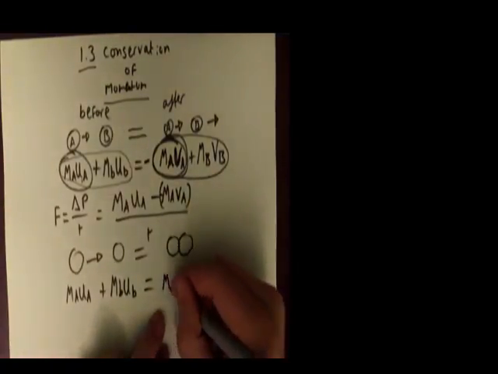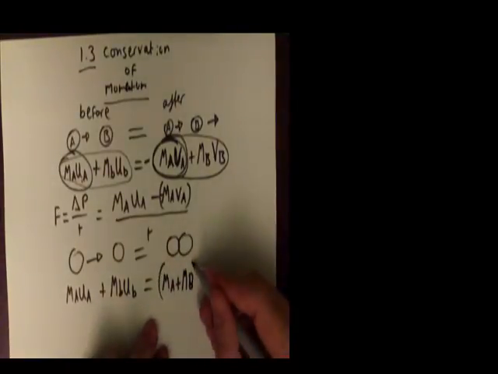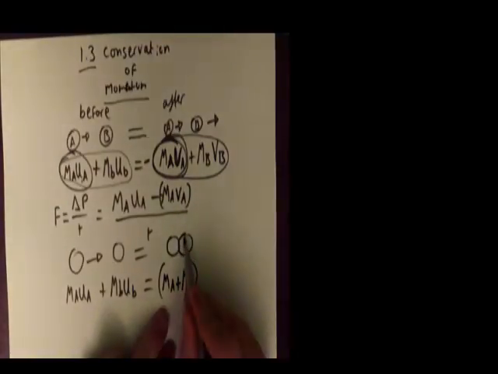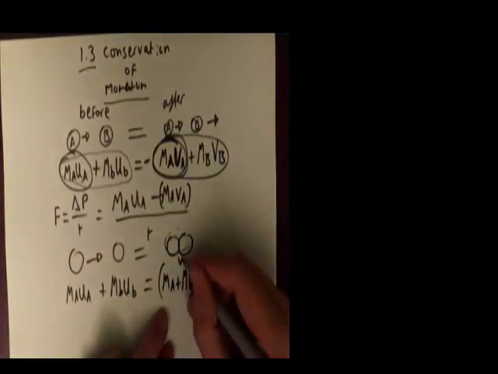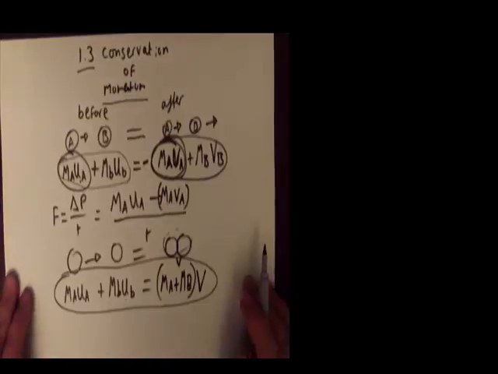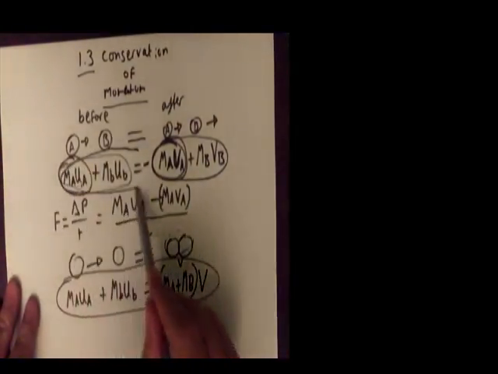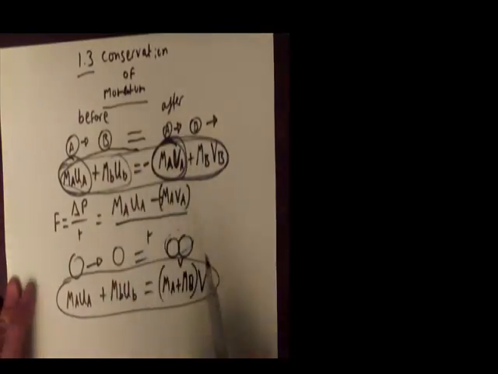So M A plus M B, all in brackets, times, because they'll be connected, they will share V. So all multiplied by V. Now this is what you want to use when two things become stuck together, and this is what you want to use in the other cases.